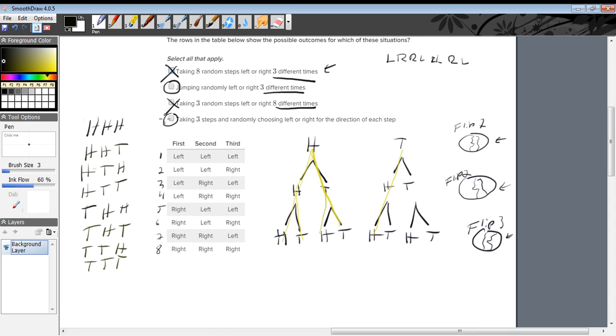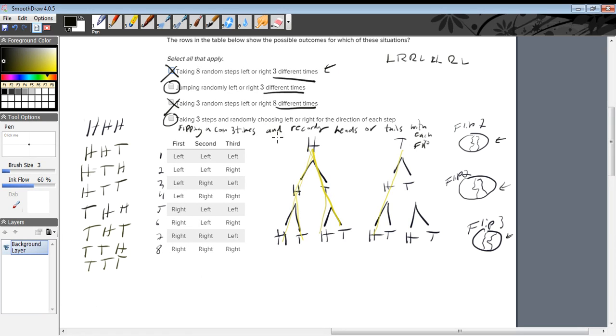So you could change this to flipping a coin 3 times, taking 3 steps randomly, and because it's random, recording heads or tails with each flip.